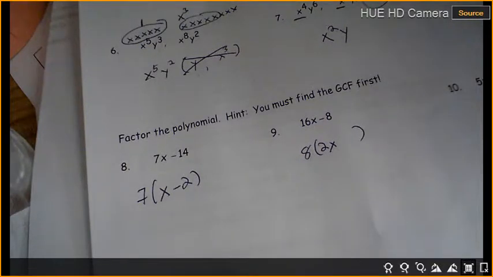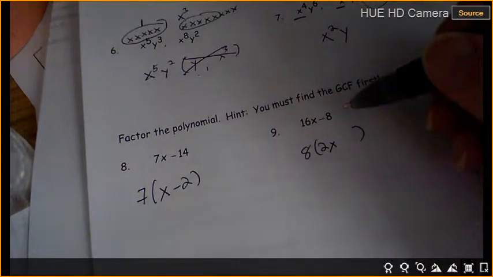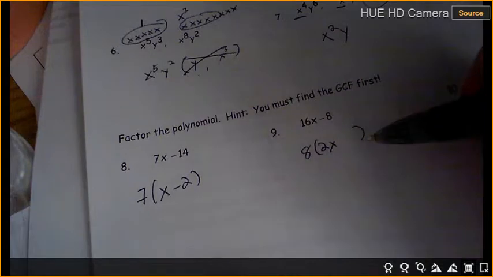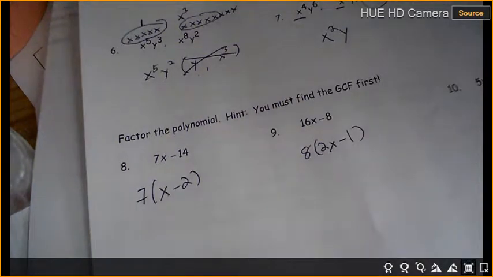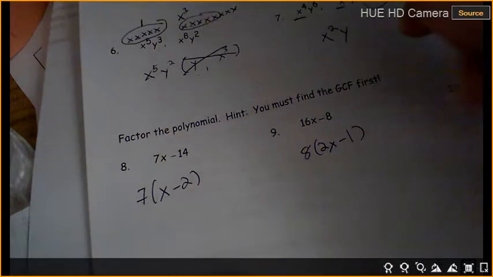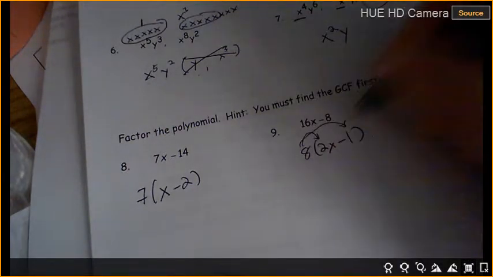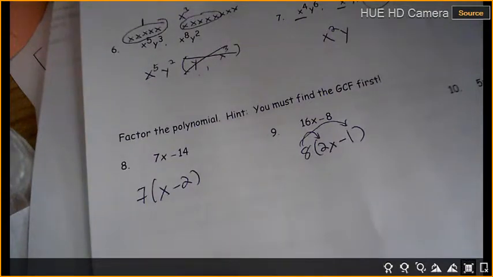What times 8 gives me negative 8? Negative 1. See, it's kind of like the opposite of the distributive property. You can check it by doing the distributive property, and we should get the same answer.